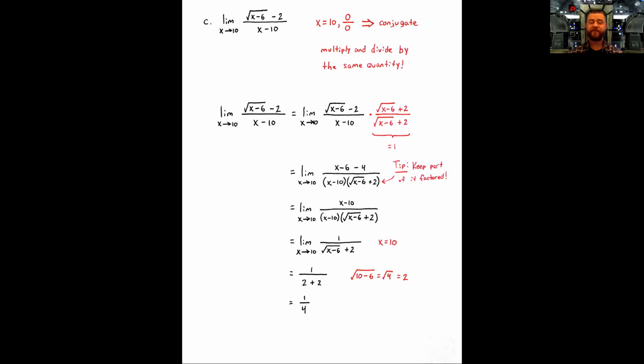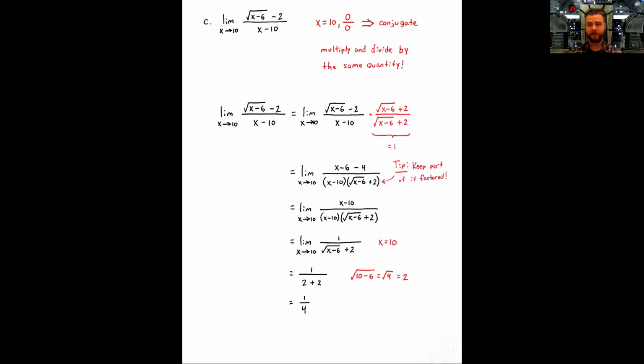Recall, you have to multiply and divide by the same quantity in order to be algebraically correct. A quantity divided by itself is 1, and you can always algebraically multiply by 1 without changing a quantity, function, or expression. So we start by recognizing we have an indeterminate form with a function with radicals in it.